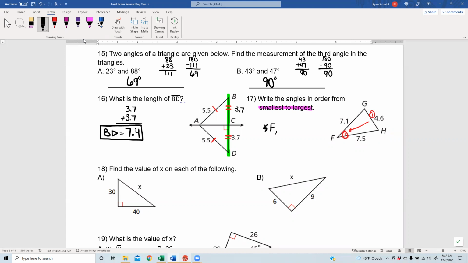Then I look for the next one. My next smallest is 7.1. I'll go across from it to H. That's my next smallest. Angle F, angle H. And then that just leaves me with angle G as my last one.